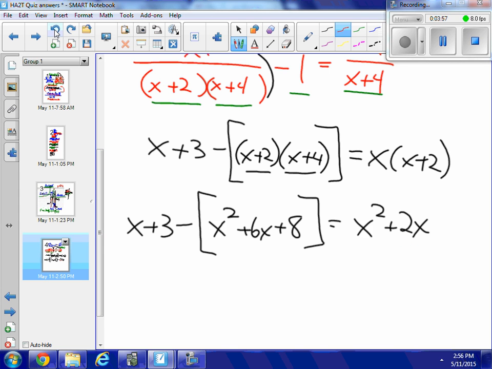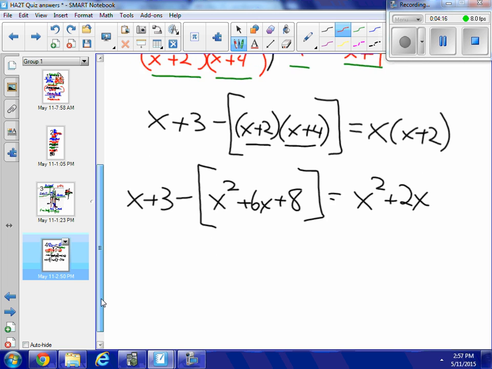The reason is, once I saw that I was going to have a quadratic here, and I already had a linear expression here, I knew that I was going to end up having to combine like terms. And in order to solve a quadratic, I'm going to have to get everything on one side of the equation and set it equal to 0.